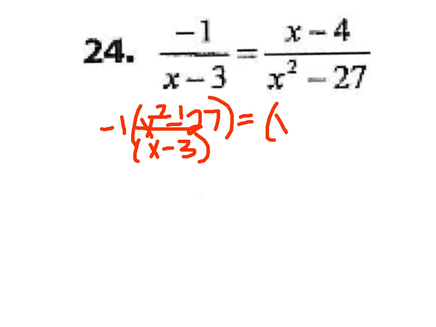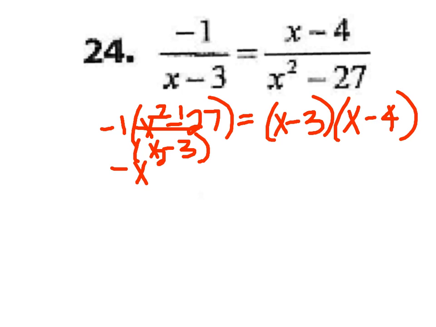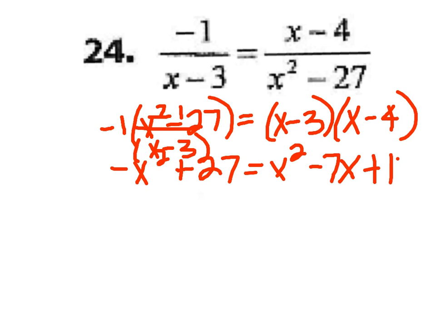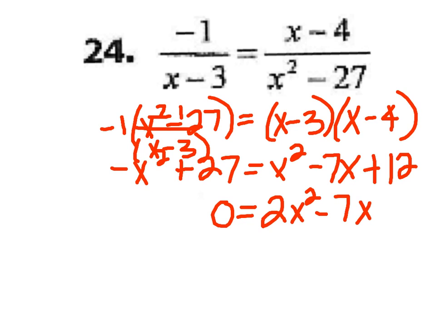So I have negative x squared plus 27 equals x squared minus 7x plus 12. I want to get it set equal to 0, so I have 2x squared minus 7x minus 15.